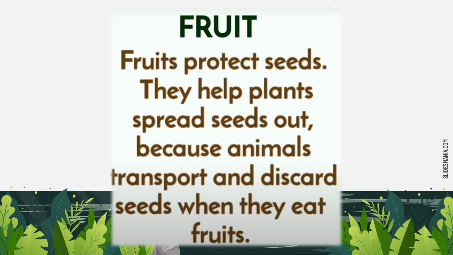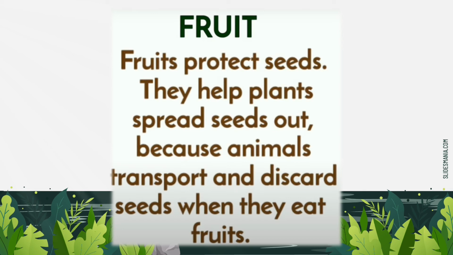Now, what does the fruit do? Fruits actually protect seeds. We know that fruit is like food for us. But actually, the job of fruit is to protect the seeds, because we know seeds help make new plants. They help plants spread seeds out because animals transport and discard seeds when they eat fruit.